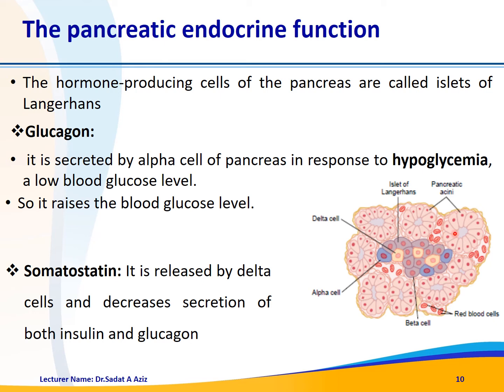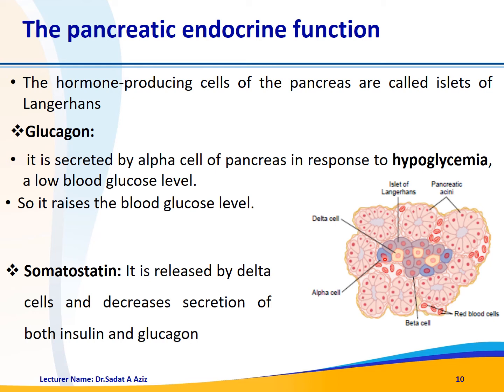So the first hormone which is secreted by the pancreas is called glucagon. Glucagon is secreted by which cells? By the alpha cells of the pancreas in response to what? Hypoglycemia. It means reduction in the level of glucose than the normal range.